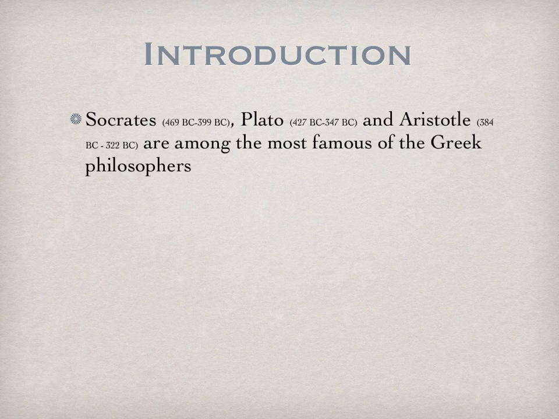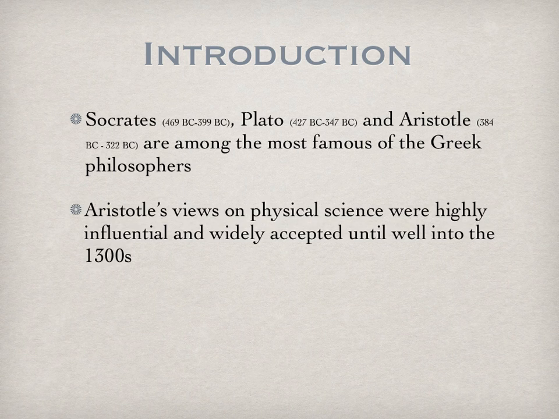All right, so let's start off with the early days of science, way back in BC. You have three famous philosophers from Greece: Socrates, Plato, Aristotle. Aristotle is one who did a lot with thinking about science, and he had very influential views, and most of those stuck around till late in the 1300s.